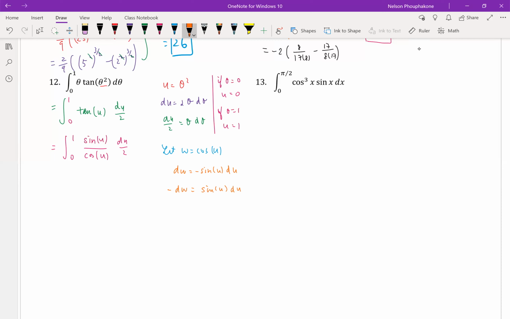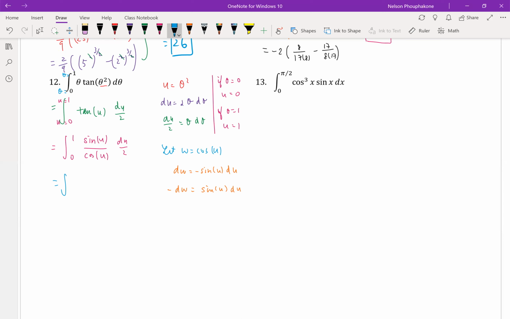Okay, now you have to be really careful here. First we have theta equal to 0 and 1. And then now we change this to u equal to 0 and u equal to 1. And now for this one right here, we need to work with w.